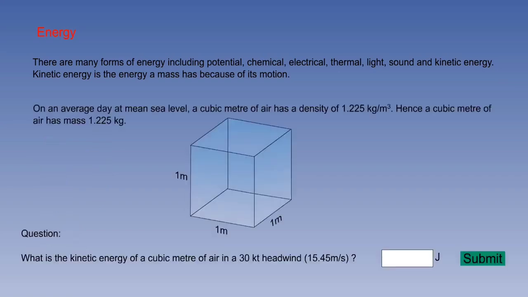Air density at mean sea level on an average day is 1.225 kilograms per cubic meter. Although we rarely think about it in our day-to-day lives, a cubic meter of air is therefore approximately 1.225 kilograms. This means that when air moves, or there is relative motion between it and an aeroplane, it has considerable kinetic energy.